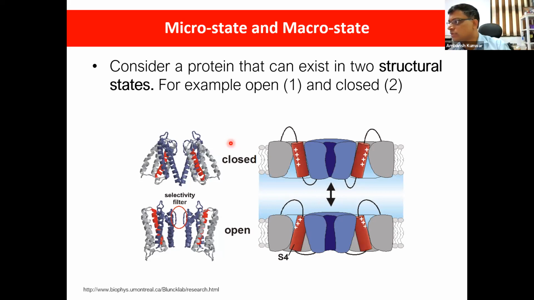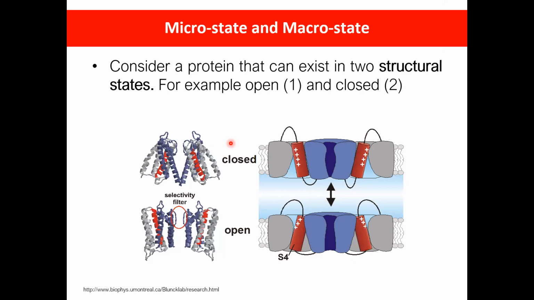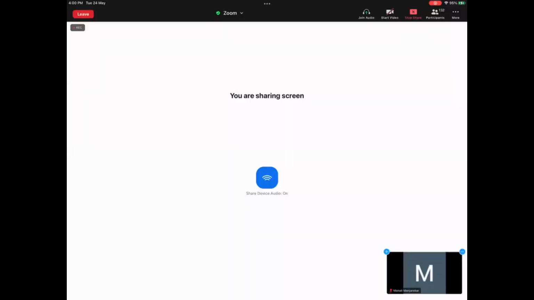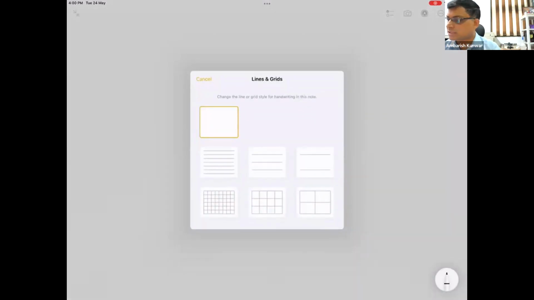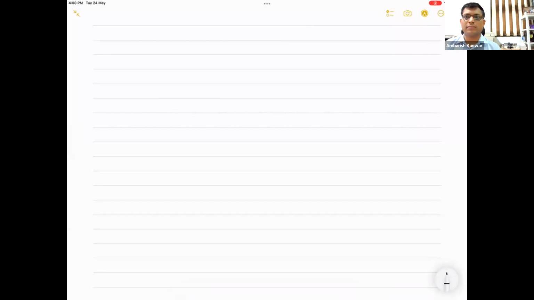Let me go to the iPad here just for a second. What we are trying to understand is the meaning of macroscopic state. This is also called, in short, macro state.